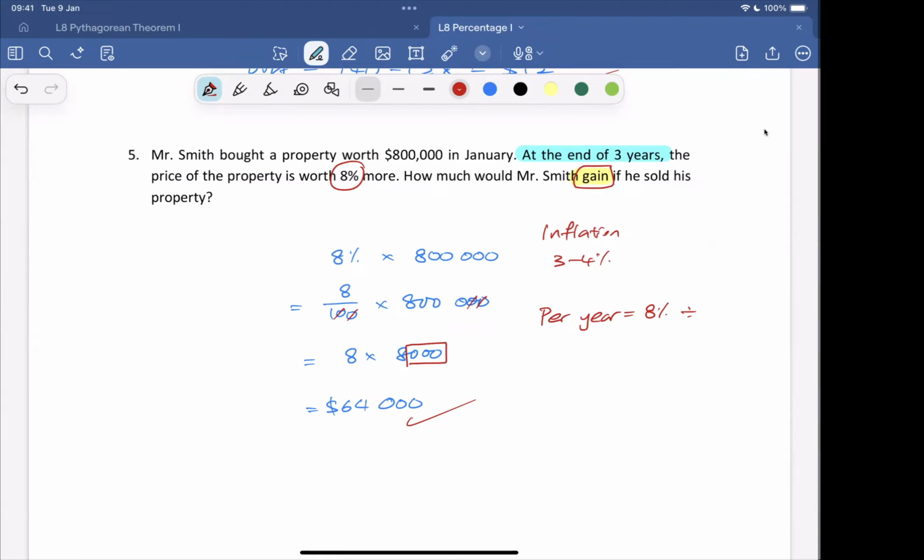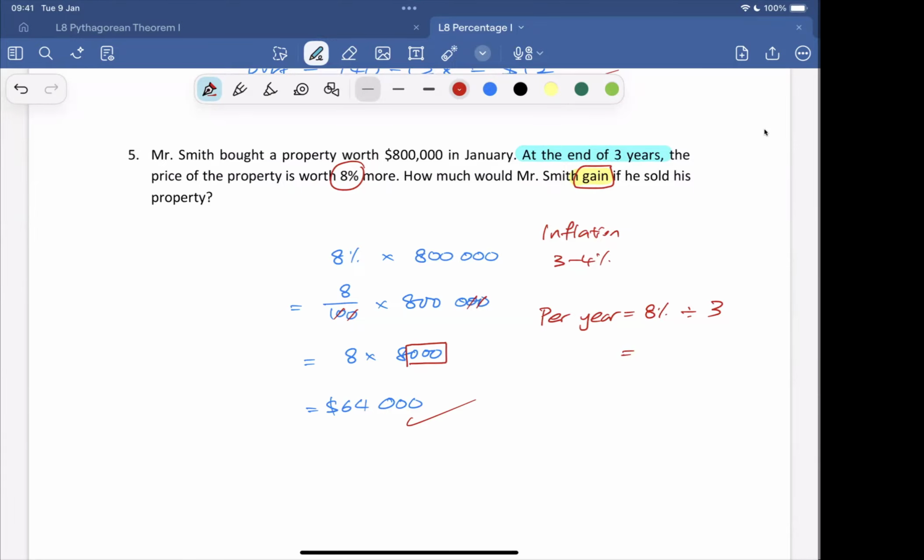You're getting 8% over how many years? 3 years. So how many percent do you get every single year? In 1 year, how many percent do you get? 8% divided by 3, which is going to be more or less than 3%.